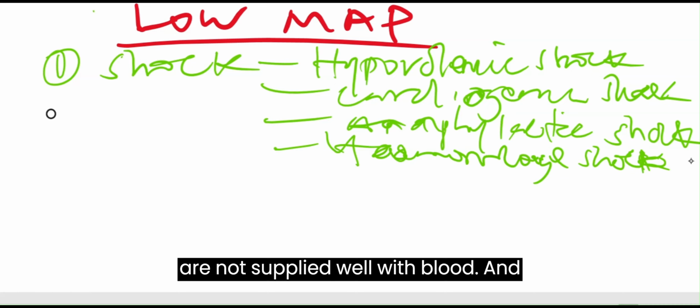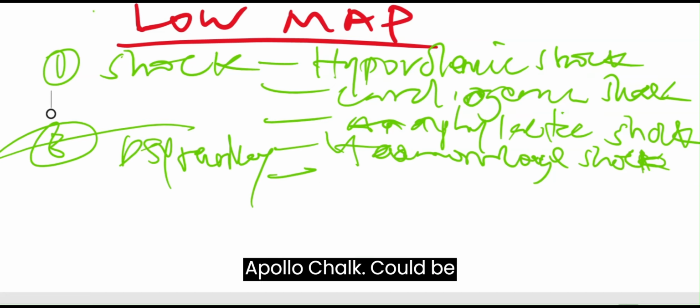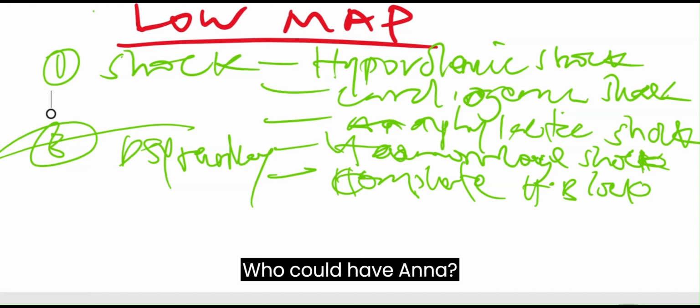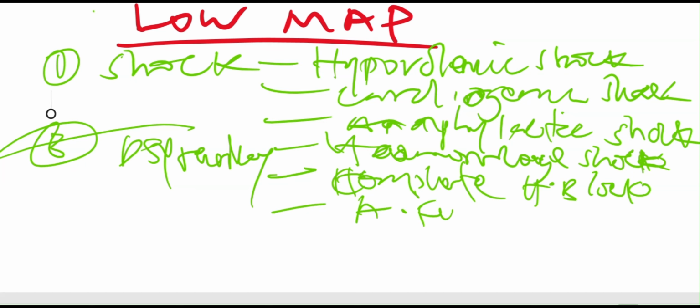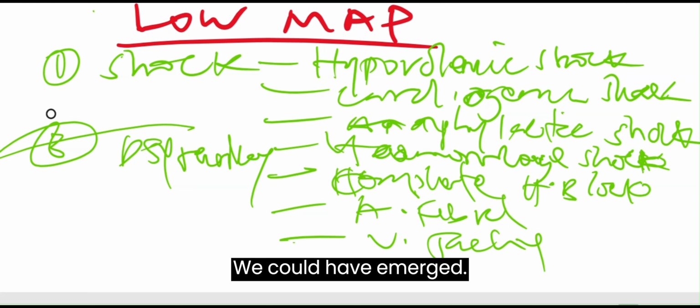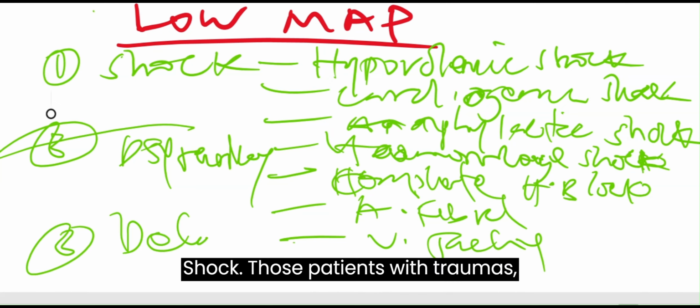Those patients with traumas, they have visceral injuries. The other thing we could think about is dysrhythmias, possibly due to heart conditions, like complete heart block, 3rd degree usually. We could think of AFib, that is atrial fibrillation. We could think of VTAC, that is ventricular tachycardia, and many more. These are just a few quick examples. Others like dehydration and many more.